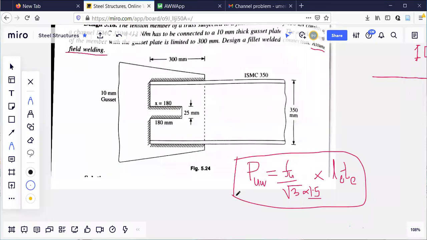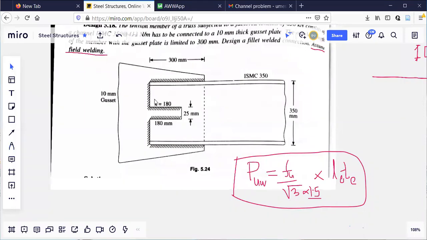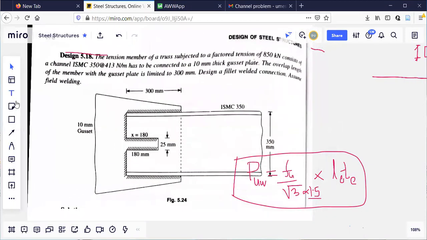You are going to get PUW, which is there in the problem, the load force to be transmitted, 850. So PUW is already there. So 850 into 10 raised to 3 I should substitute on the left hand side.